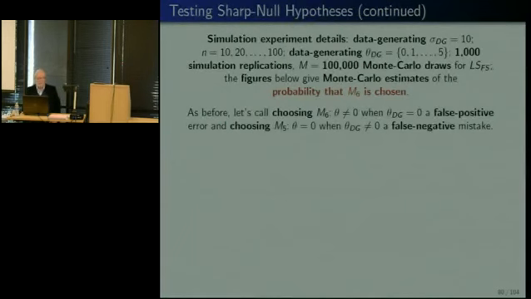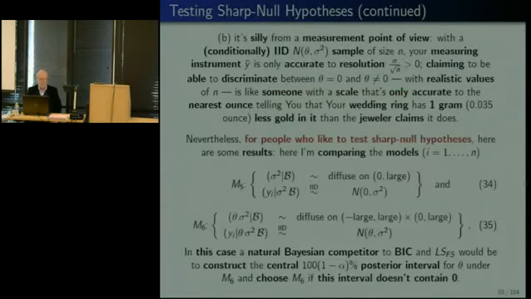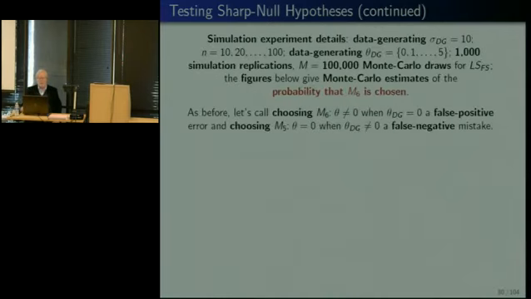Now we are in a situation where there's a difference in dimensionality. M6 is the more complicated model because it has 2 parameters and Model 5 only has 1. So let's call choosing M6 when it's not true a false positive, and choosing M5 when it's not true a false negative.